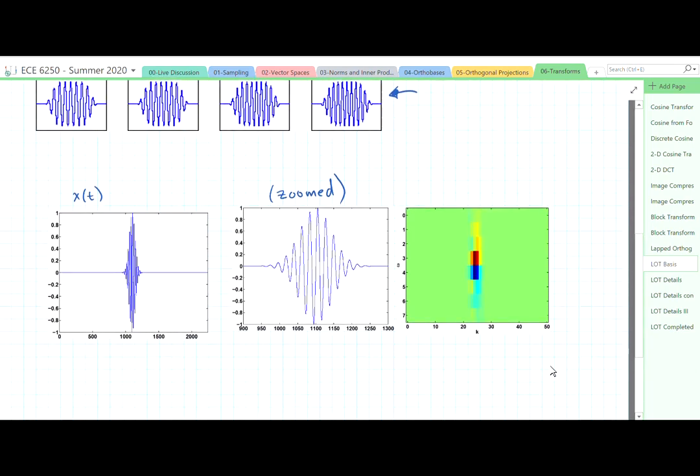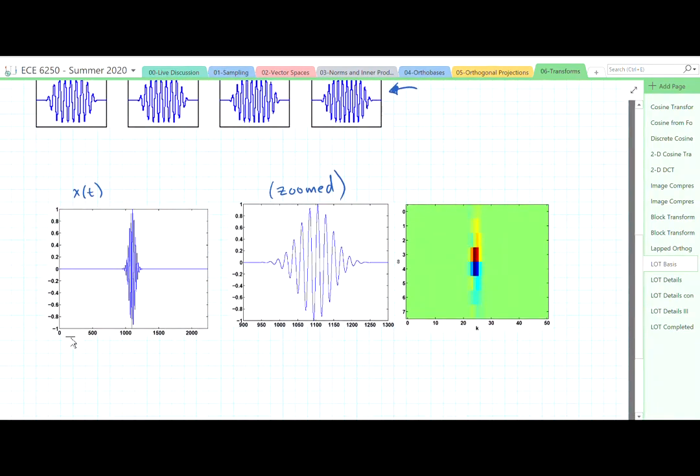Okay, so here's an example of a signal x of t, and the corresponding LOT for this particular signal. First we show a zoomed version, and then we show the transform coefficients. Here green represents 0, and we have positive and negative with red and blue coefficients used to represent that.